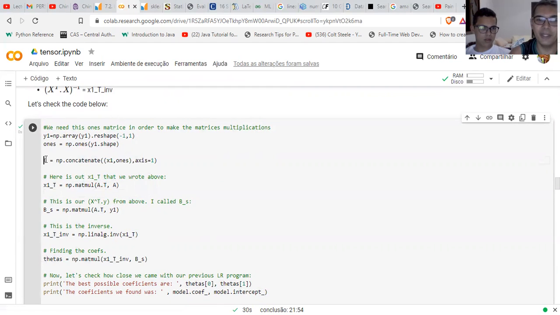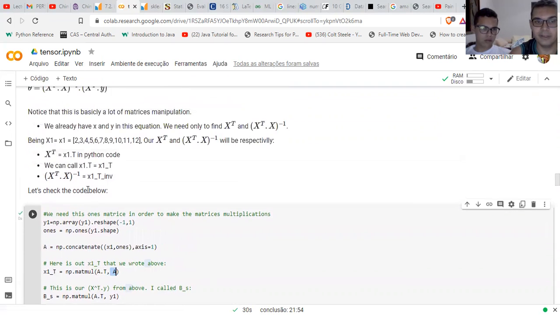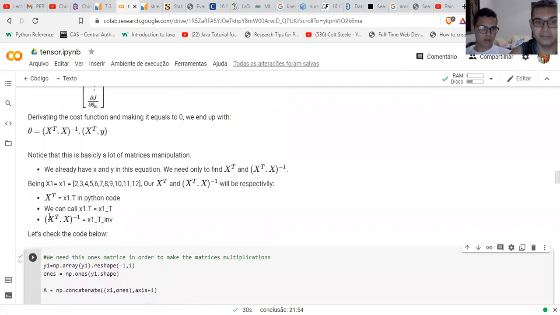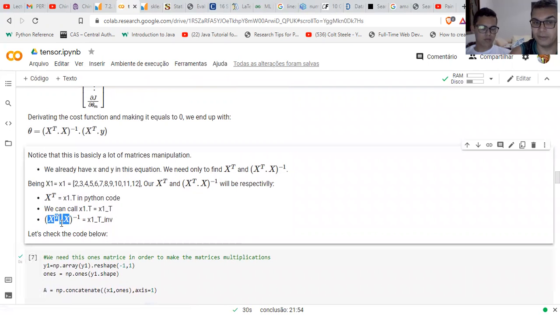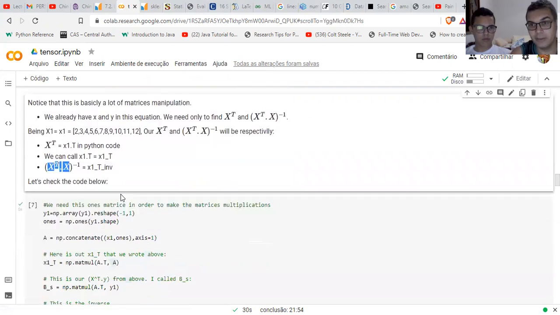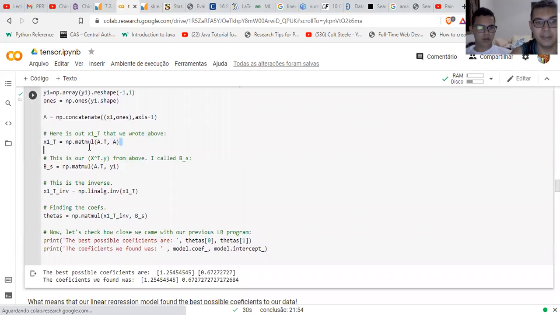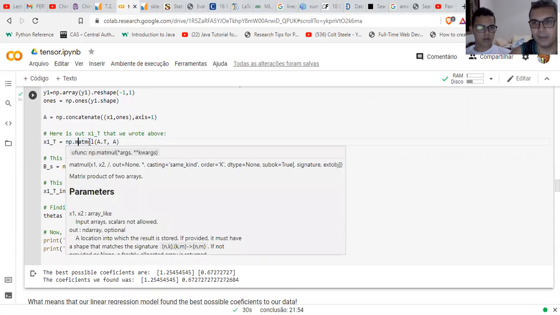So we have our matrix of inputs, and the transpose of it multiplied by itself, it's this here, and we use matmul, which does the matrix multiplication.